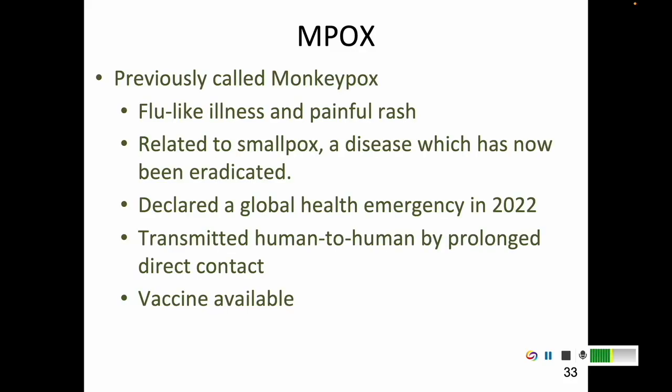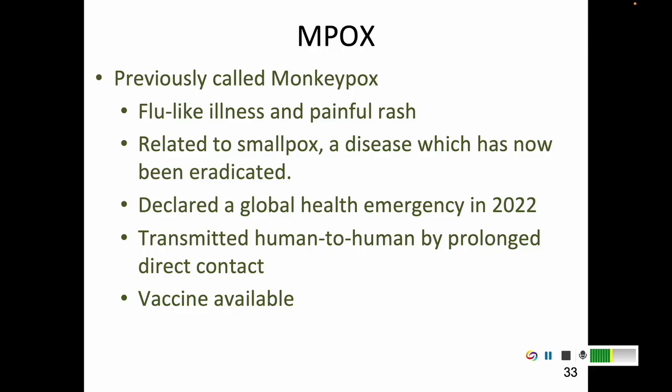MPOX. You may have heard of monkeypox. That's what it was previously called. Now the preferred terminology is MPOX. This is one of those pox virus diseases related to smallpox. It causes a flu-like illness and a rash, very similar to smallpox, although smallpox has now been eradicated.